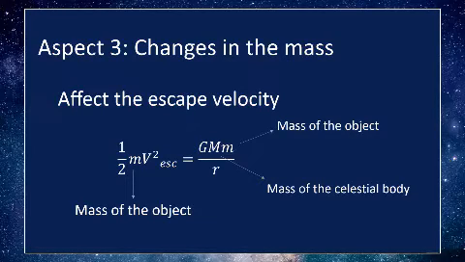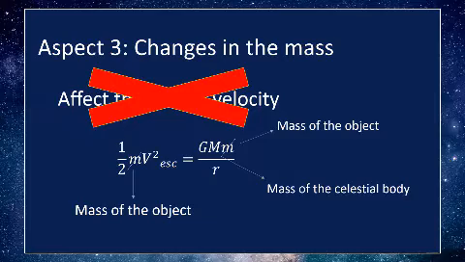And from this equation, we know that the smaller case m represents the mass of the object, then the bigger case M is the mass of the celestial body. So actually, from here, we can cancel out the mass of the object, which means the mass of the object will not affect the escape velocity.